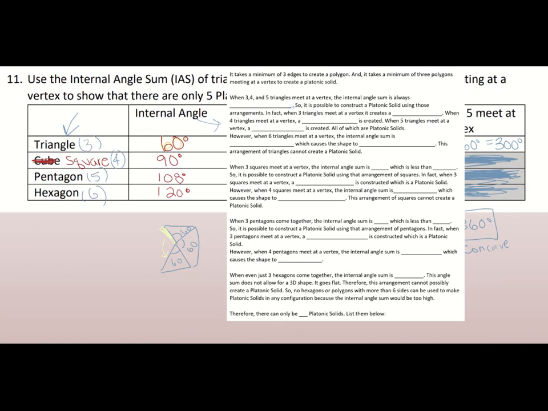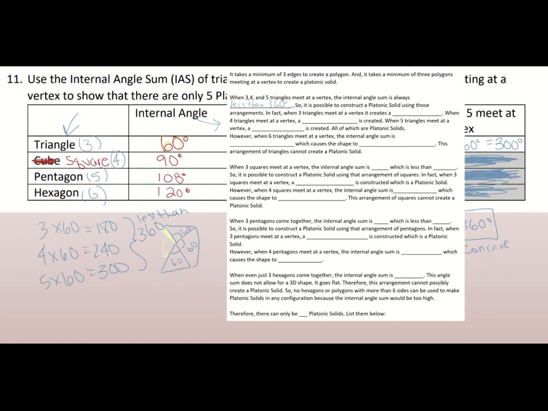When 3, 4, and 5 triangles meet at a vertex, the internal angle sum is always less than 360 degrees. It was 180, it was 240, it was 300. All of those are less than 360. That's why I'm describing it that way. So it's possible to construct a Platonic solid using those arrangements.